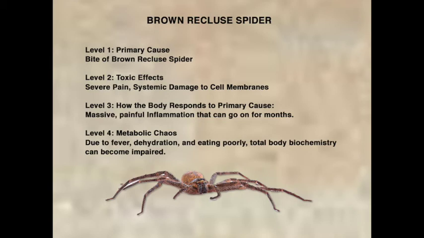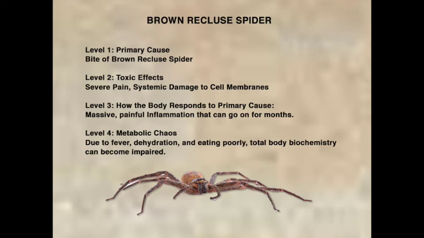Level 3, how the body responds to primary cause. This bite causes a massive, painful, inflammatory response which can go on for many months. Level 4, metabolic chaos. Because toxicity and the inflammatory response are so profound and drawn out, Level 4 gets involved.